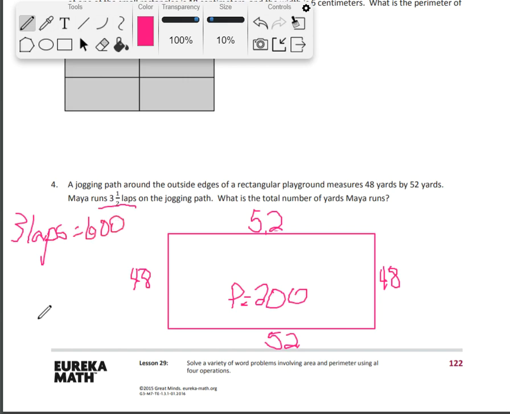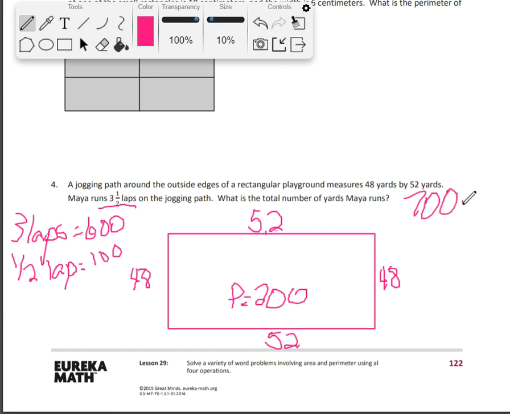Now we have that half lap. So I need to think about what is half of 200. What number doubles to make 200? I'm going to put my fraction right here, half lap. And half of 200 is 100. So for 3.5 laps, she has run 700 yards.